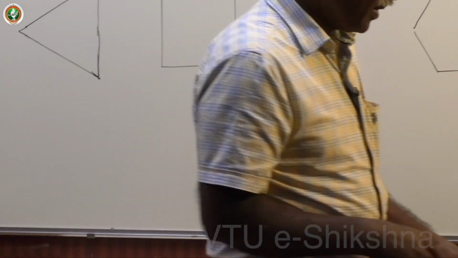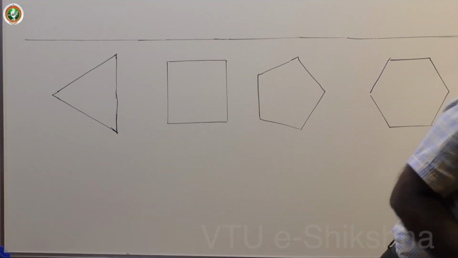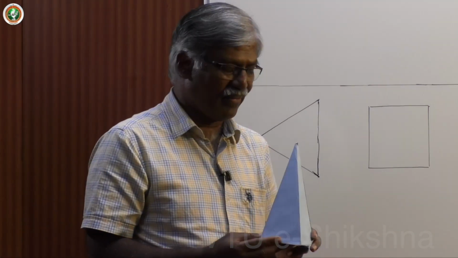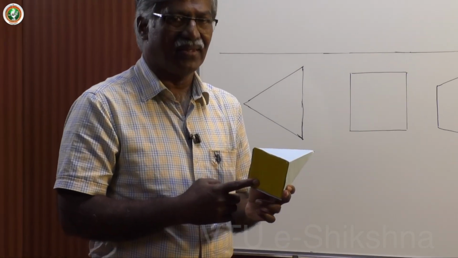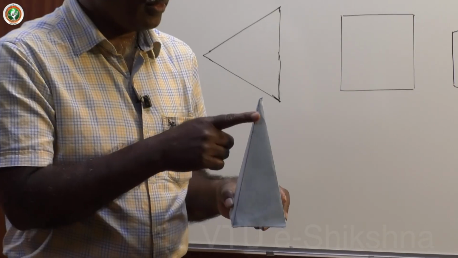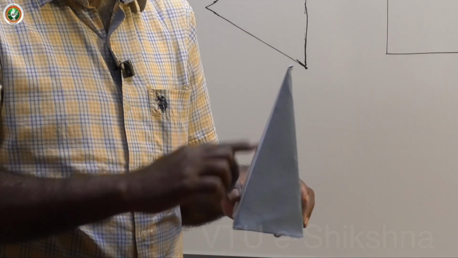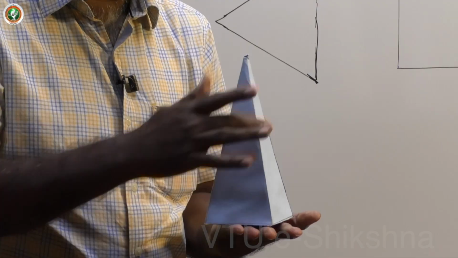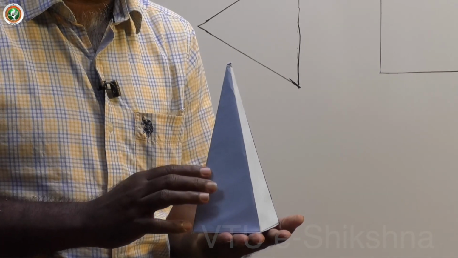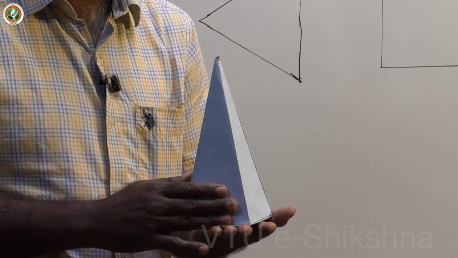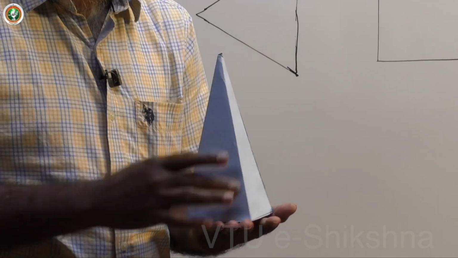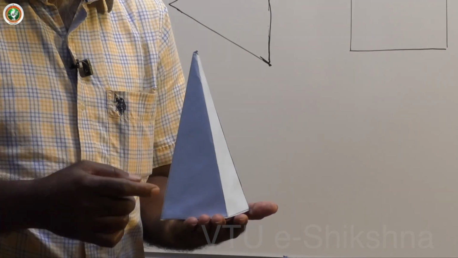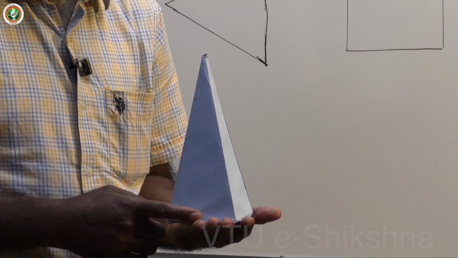Now I have a typical solid, the pyramid. It is a simple pyramid with a square base, and these are lateral edges and lateral faces. It is also in a standard position. These all have some slope, which is why it is called a slant face or a triangular face. In the case of prisms, we say it is a rectangular face; here this is referred to as a triangular face.